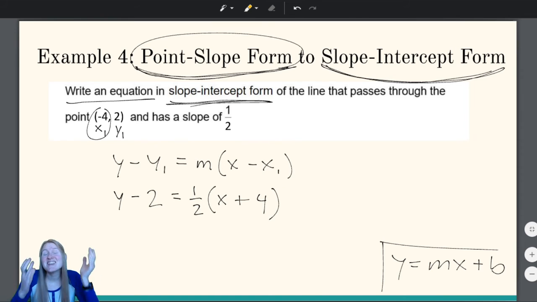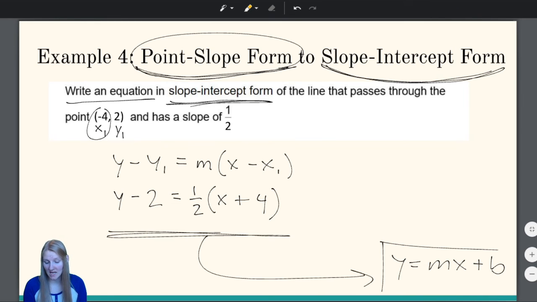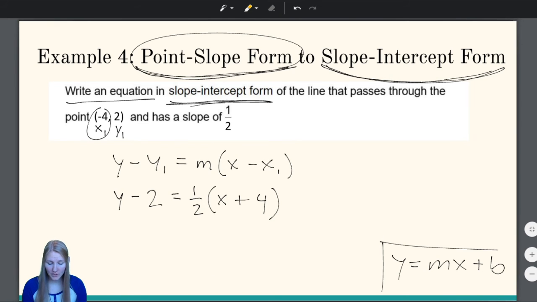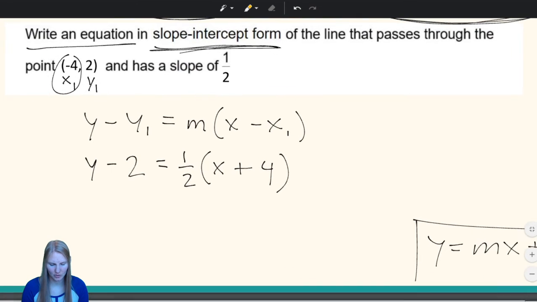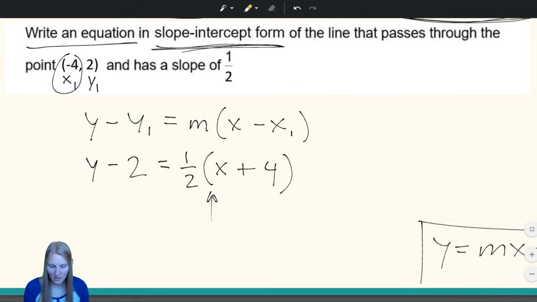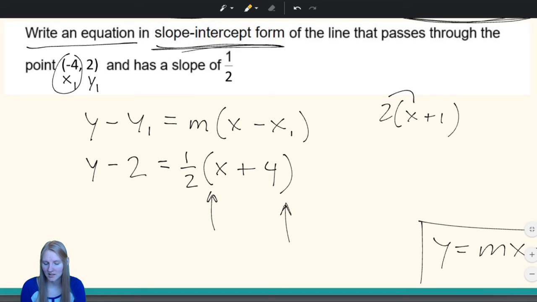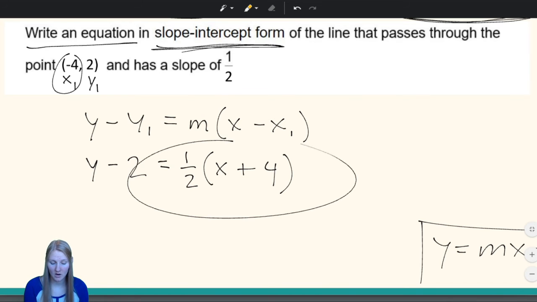Okay, now we're going to change this and put it in the form y equals mx plus b. So, first thing I need to do, and I'm going to zoom in so we can see a little better, I need to get rid of these parentheses. How can I get rid of these parentheses? When I had like 2 times x plus 1, remember I did my distribution rainbows. So we did 2 times x and 2 times 1. I'm going to do the same thing over here.